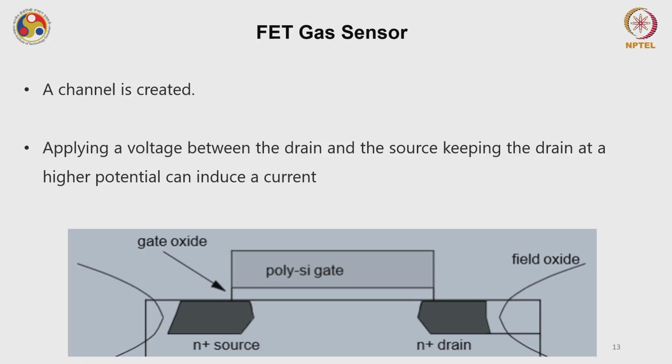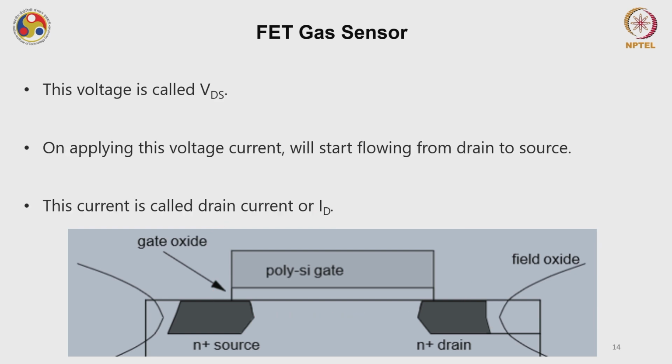You have a channel, but you also want a current to flow through this channel. Okay. So, applying a voltage between the drain and source keeps the drain at a higher potential. If you keep this drain at some higher potential as compared to this source, which is lower, you can induce a current in this channel.